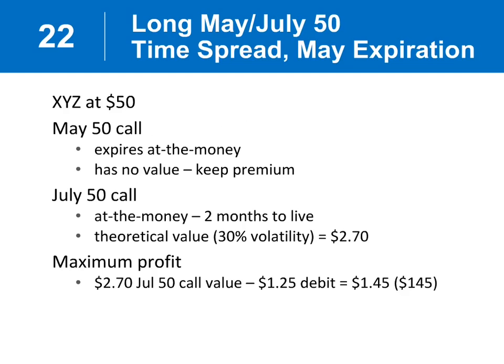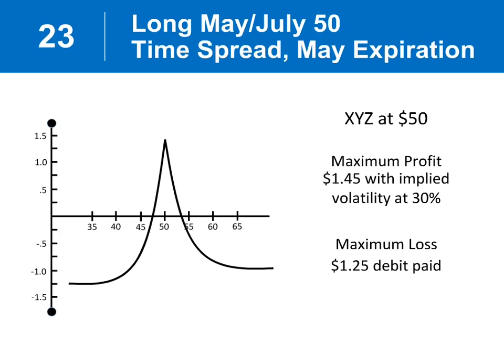Slide 23 is just the chart depicting maximum profit. And for those of you who have been in the option space for quite some time, hopefully a chart like this pops into your head every time you put on any position, whether it's a long call, a long put, a two-legged strategy, or a three- or four-legged strategy.